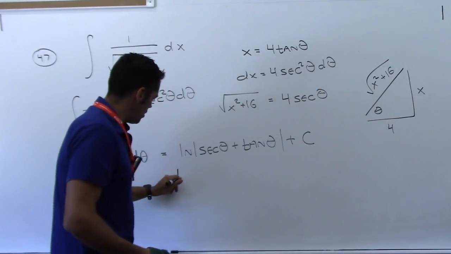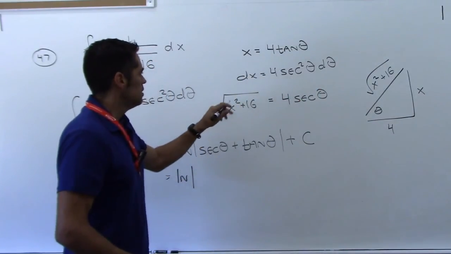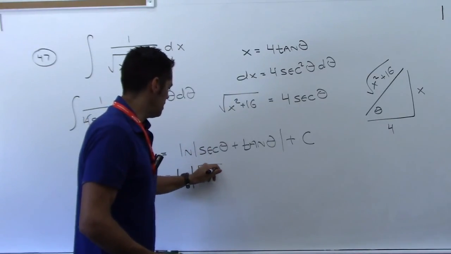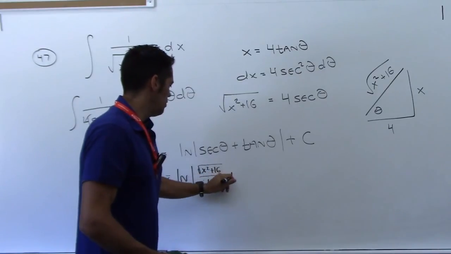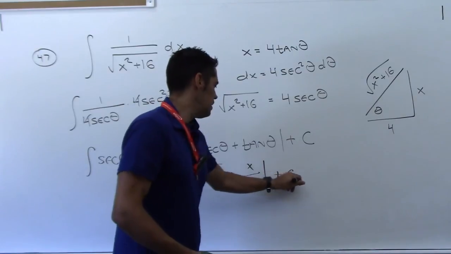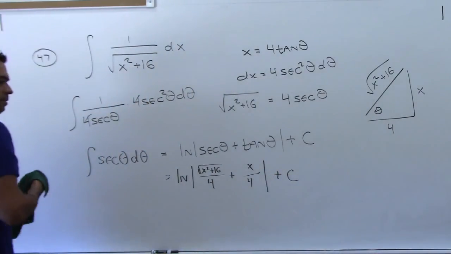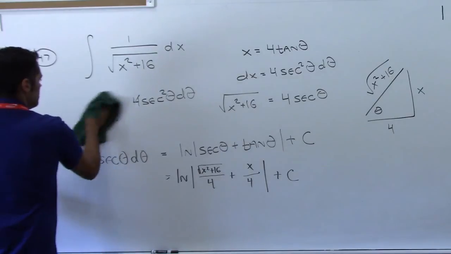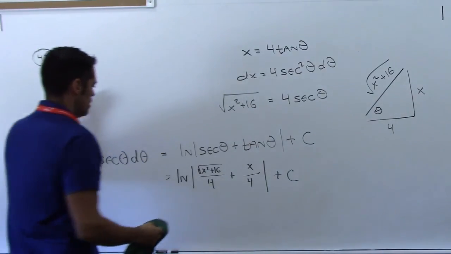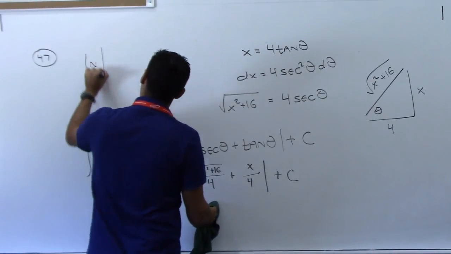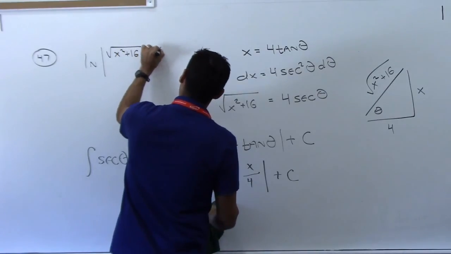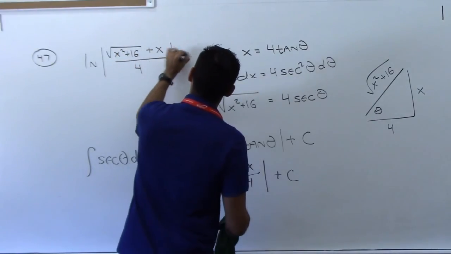So natural log of secant theta, which was the square root of x squared plus 16 over 4, plus tangent theta, which was x over 4, plus c. Right? And then you can get a common denominator there. I mean, there is a common denominator, I should say. So when you put those two together, you get natural log of the square root of x squared plus 16 plus x, all over 4, plus c.